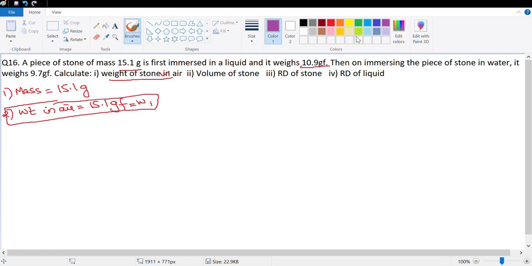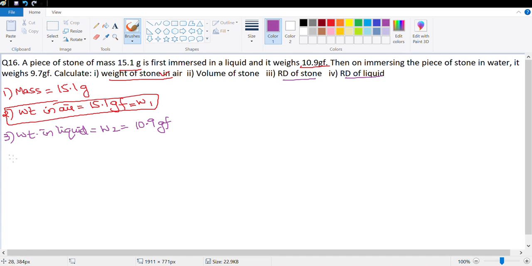Next, volume of stone we'll calculate, relative density of stone, relative density of liquid. So point number 3, weight in liquid. Let that be equal to W2. In this case, this is 10.9 gram force.